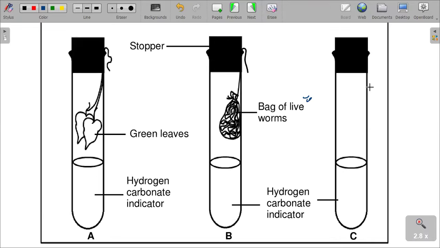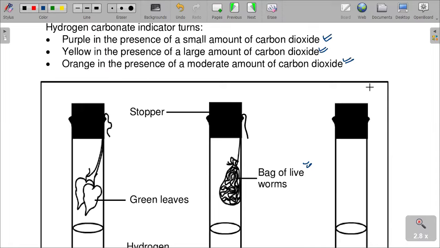As you can see here, the reason for these stoppers is to prevent or stop the air from entering or leaving the test tubes.